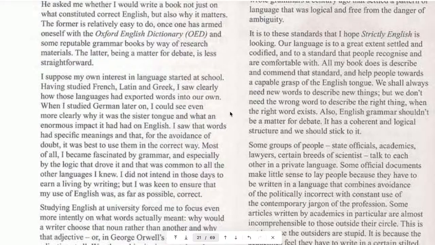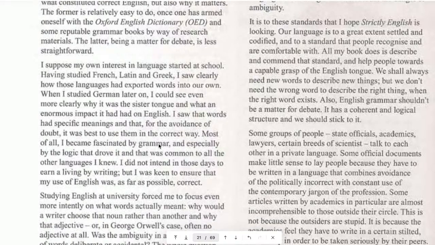I think that was common to all the other languages I knew is opposite to a different function. Okay, why?